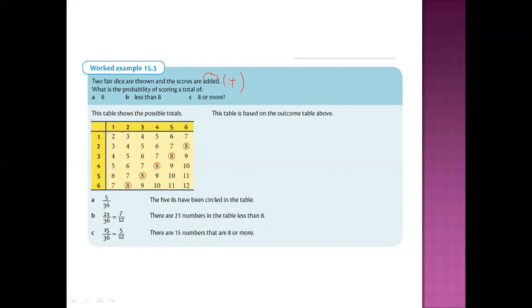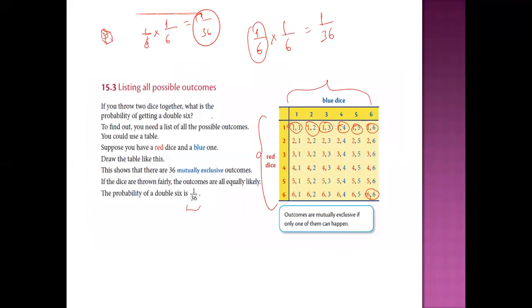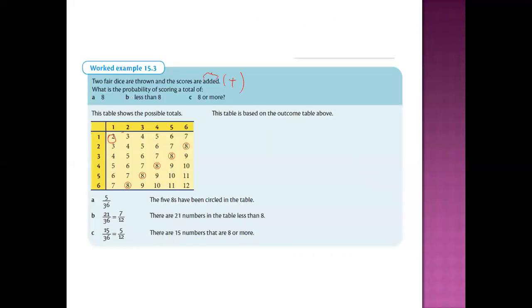And here, as you see, 1 and 1 was 2, 1 and 2 was 3. I want to remind you, as you see here, we have 1 and 1, 1 and 3. When you add them, you will get 2, 3, 4, and 5, 6, 7. Okay, don't forget. So what is the question?